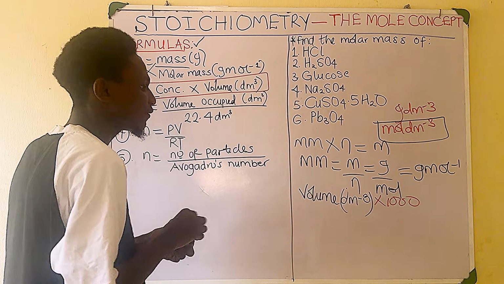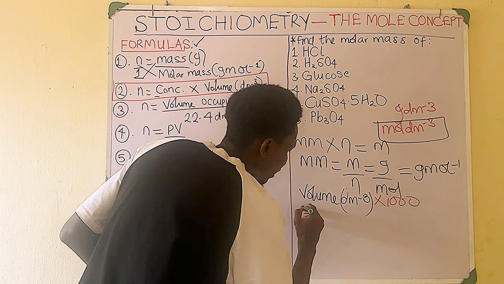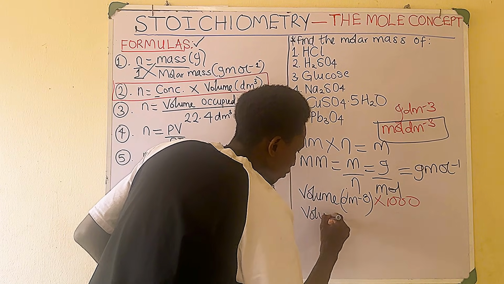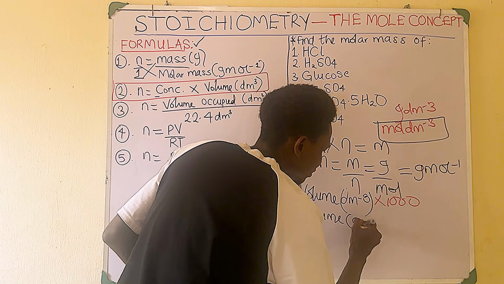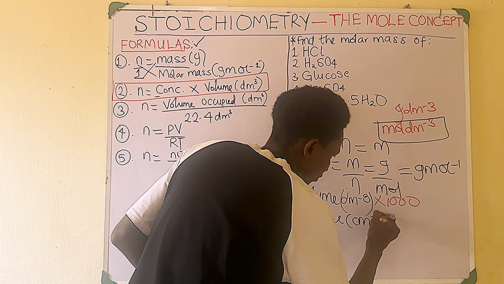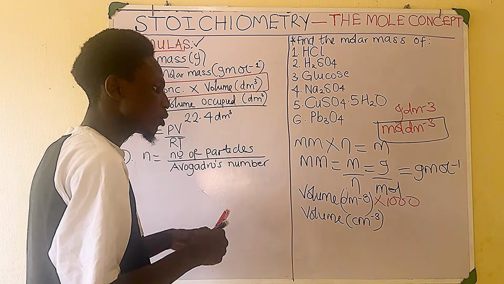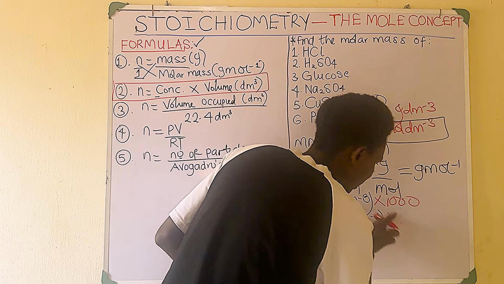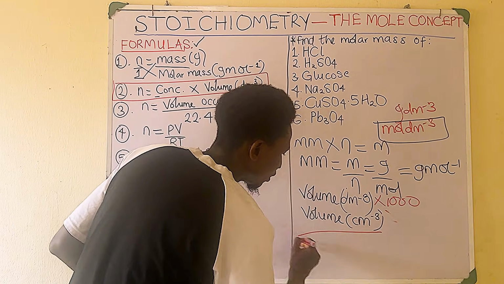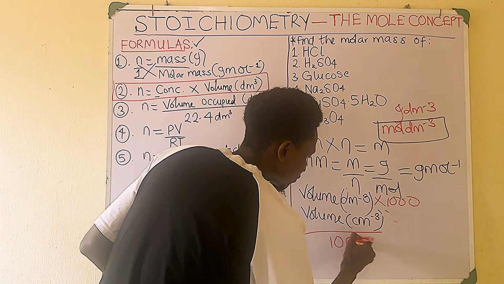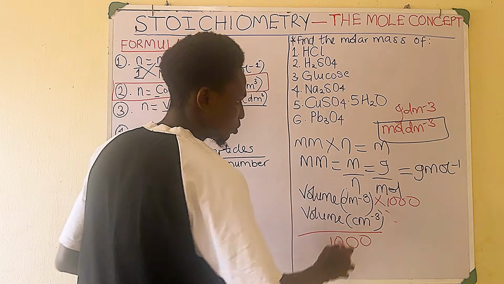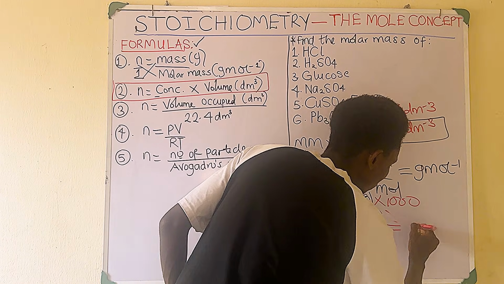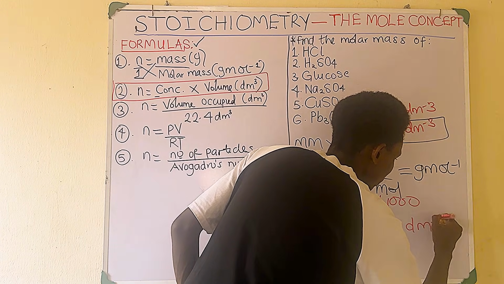But if you have it in cm cube, please jot down this thing. If you have it in cm cube and you want to convert to dm cube, just divide rather, not multiply, because we multiply when we're converting to cm cube. So this one will give you the volume in dm cube.